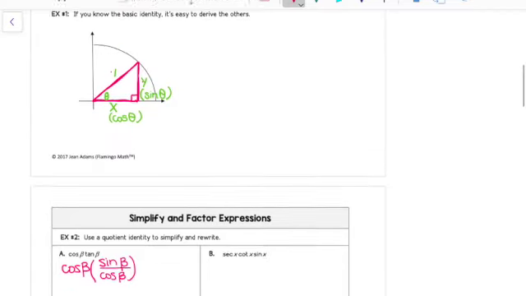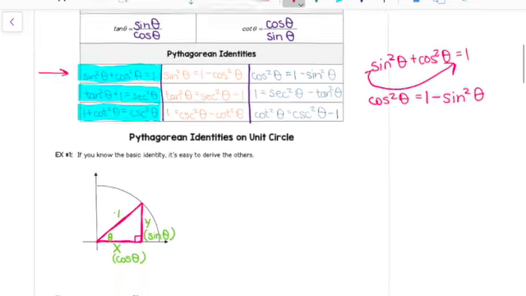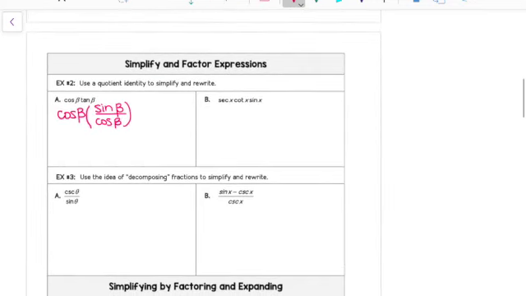Because, scroll up a little bit, tangent theta equals sine theta over cosine theta. Okay, remembering my fraction rules, if I put that over 1, the cosines cancel. I'm left with sine beta over 1. Which we all know the 1 is not necessary. So we just have sine beta.